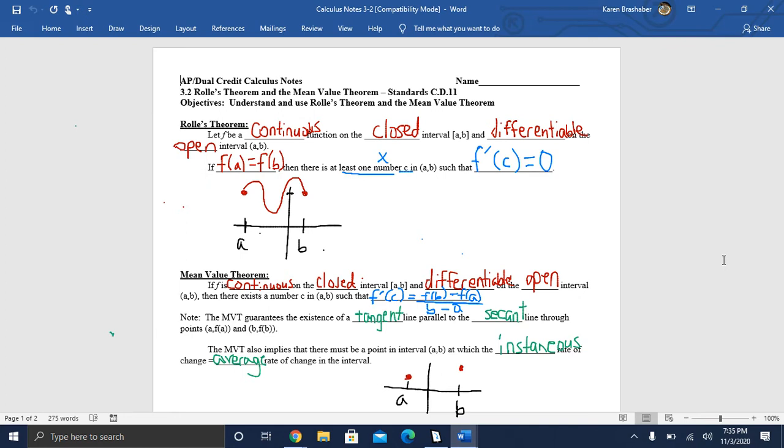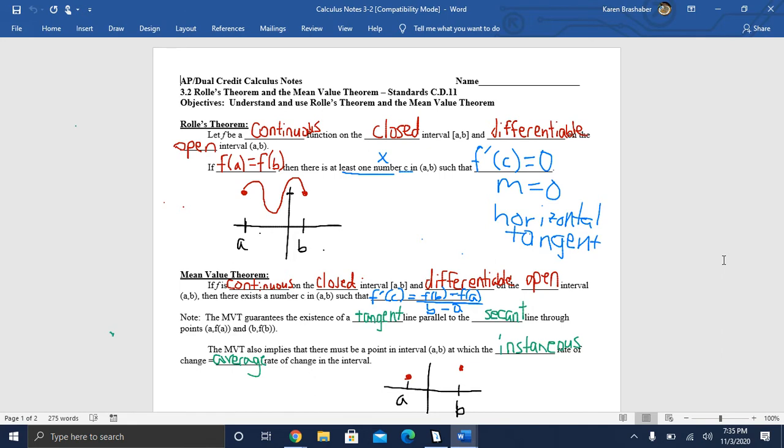Now, if your derivative is equal to 0, that means that your slope is equal to 0, which means that you would have a horizontal tangent. So I am going to look to see on the graph that I drew where I would have a horizontal tangent.